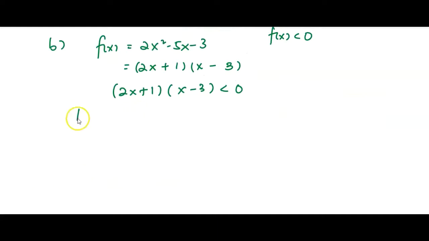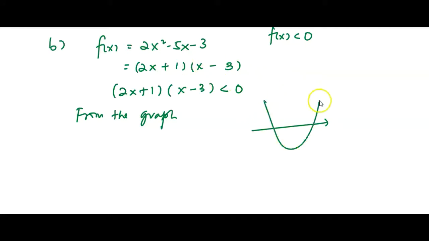Okay, from the graph, we know that the graph has the roots of -1/2 and 3, and now you want this function to be less than 0.